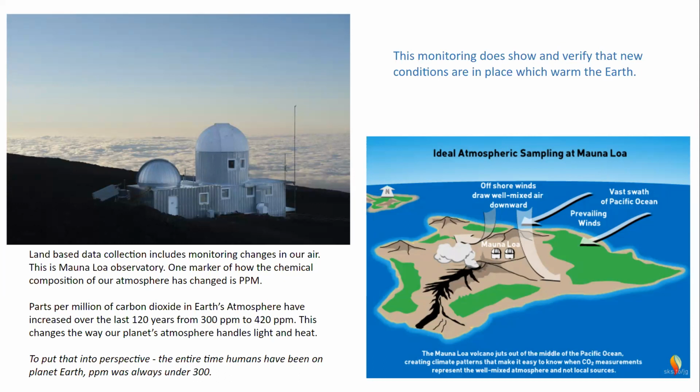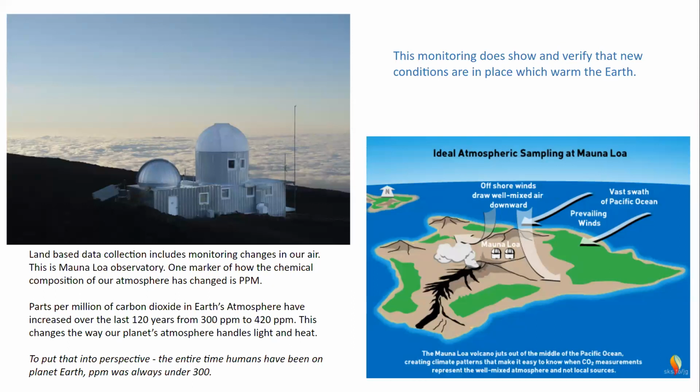One marker of how the chemical composition of our atmosphere has changed is ppm, parts per million. Parts per million of carbon dioxide in Earth's atmosphere have increased over the last 120 years from 300 parts per million to 420.